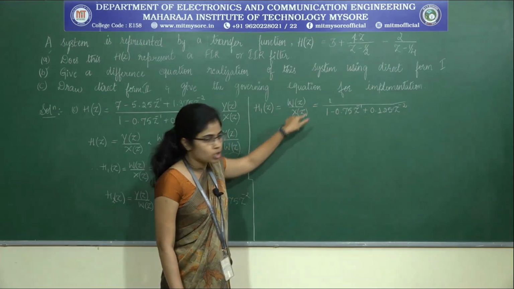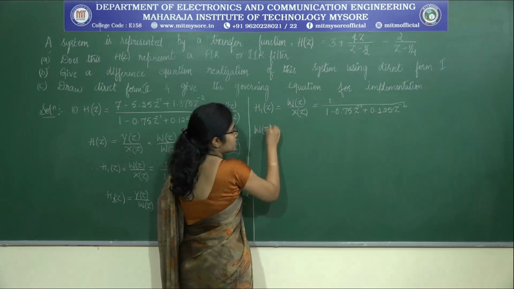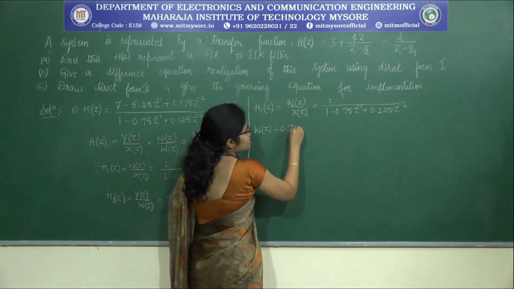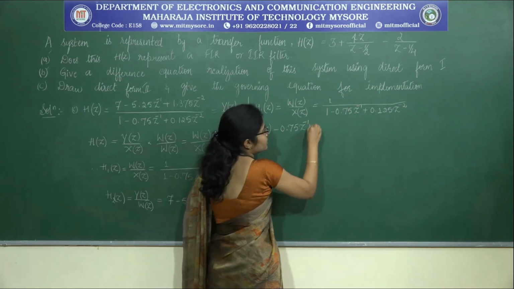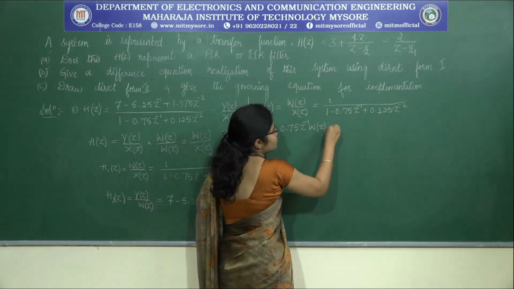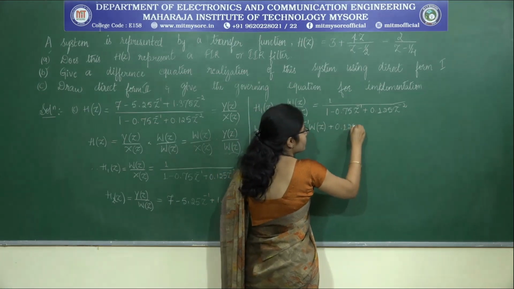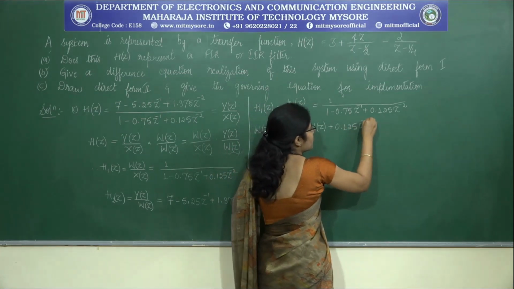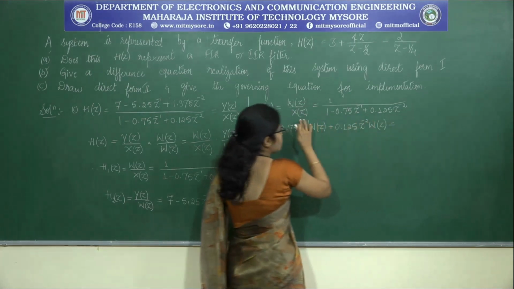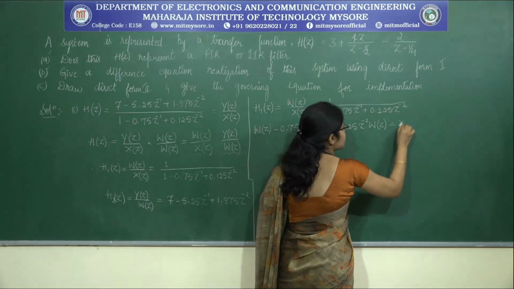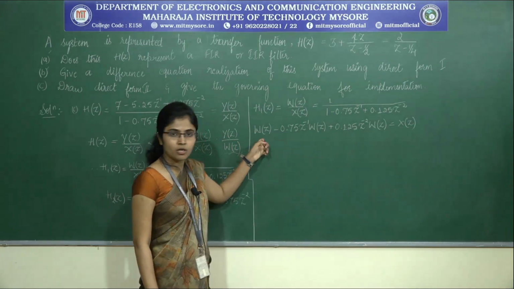For that, let us cross multiply. So, if I cross multiply, w of z minus 0.75 into z power minus 1 into w of z plus 0.125 into z power minus 2 into w of z is equal to x of z into 1, that is x of z.